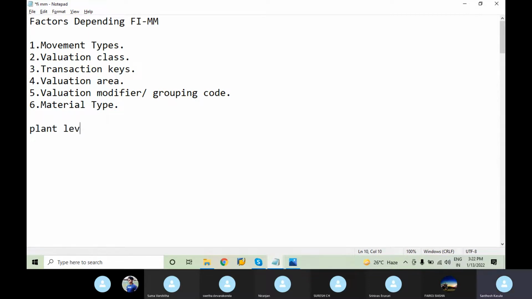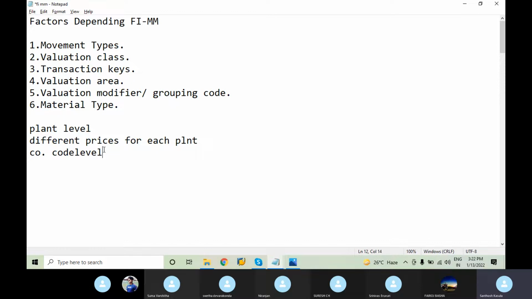We can also define at plant level. If we define at plant level, we have different prices for each plant for all the materials.